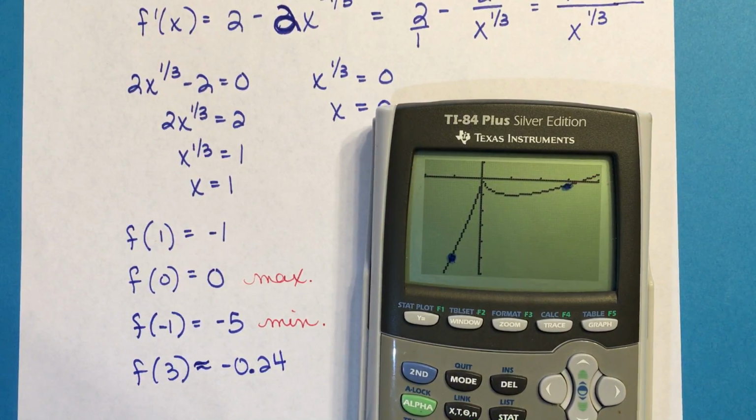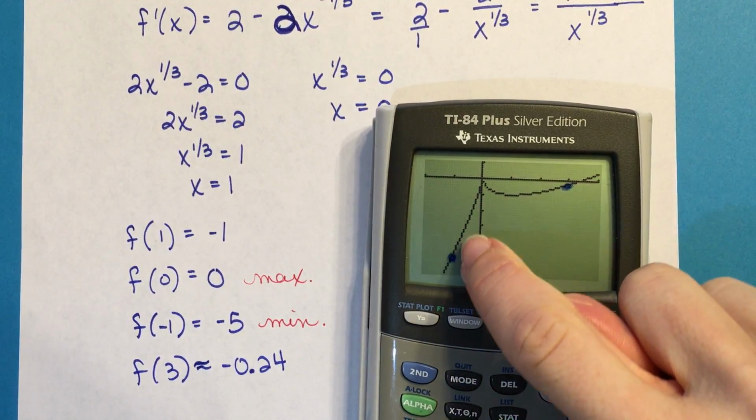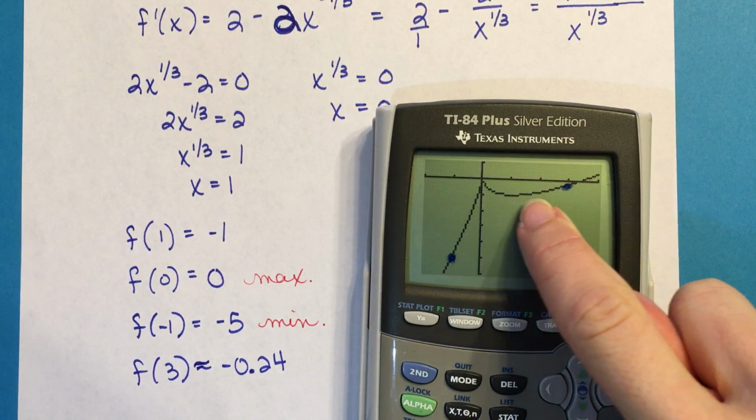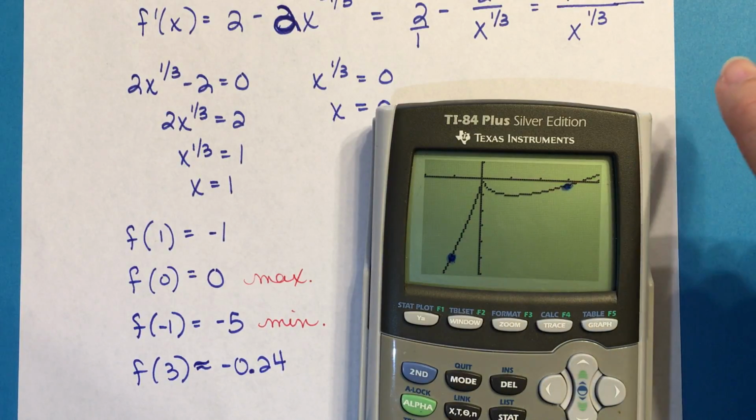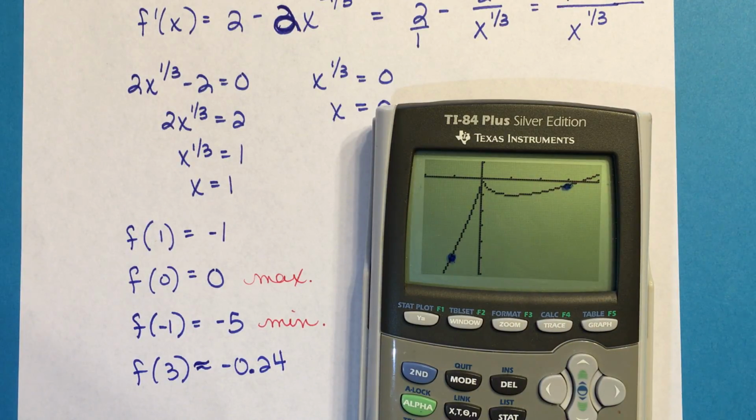Now, the 2 points that I have marked, you've got to keep in mind that we're only looking at a portion of this graph. If you graph this function, this end keeps going off here, and this end curves and keeps going off up here, but we're only looking at it from x equals -1 to x equals +3.